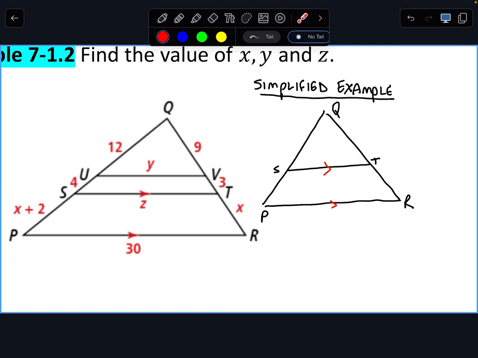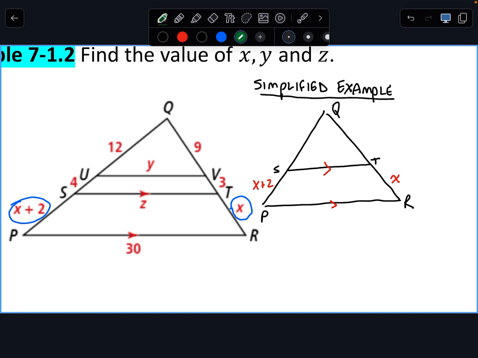So let's go ahead and fill in our values from the triangle that we have for the example. Okay. So SP is x plus 2, and TR is x. Now, QS and QT, let's look at those lengths.